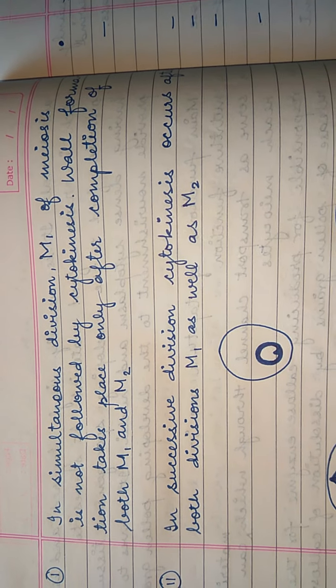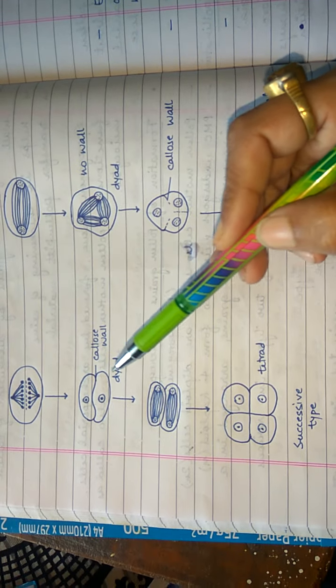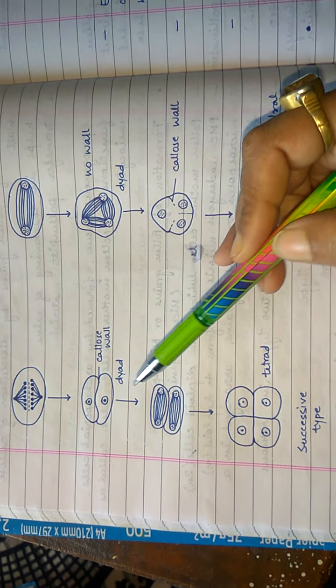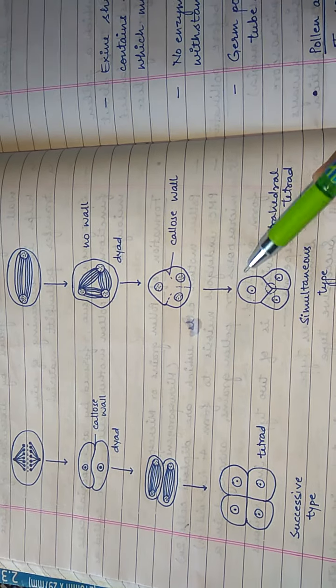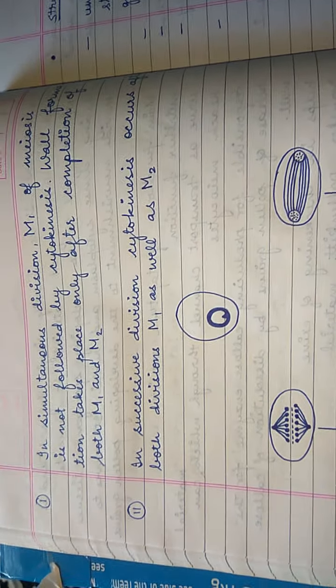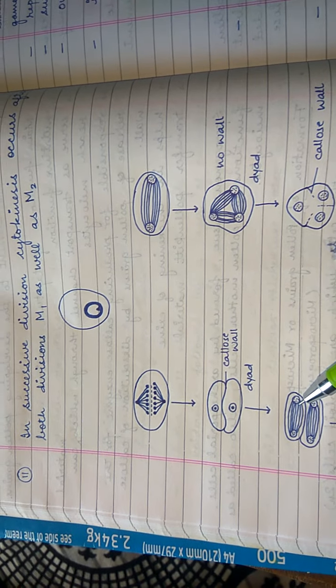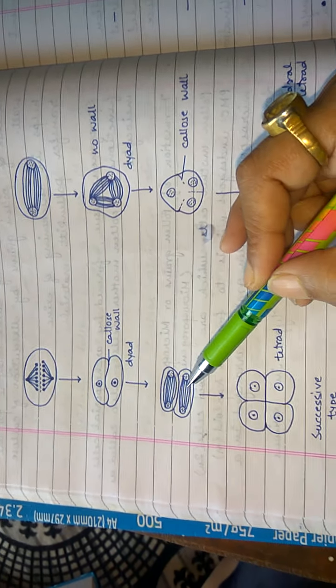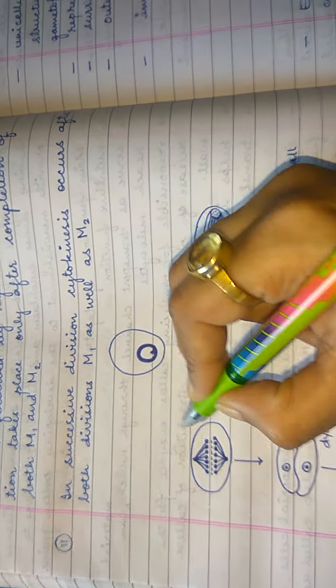In this, M1 of meiosis is not followed by cytokinesis. See this, there is no cytokinesis, no division of cell. And in successive, cytokinesis occurs both in M1 and then M2. Okay, so you can understand like this.